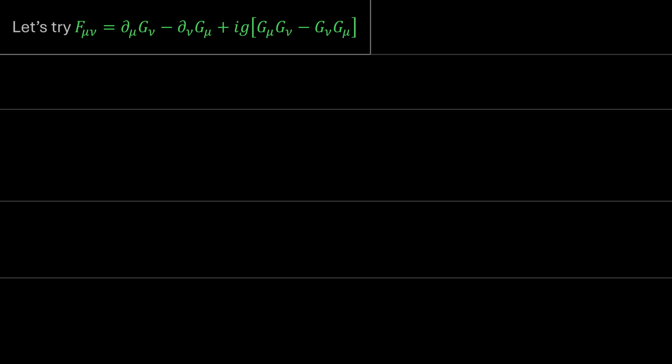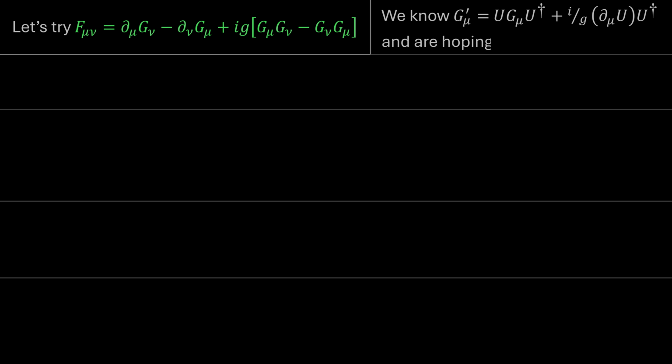And of course, what we have to prove is that given the gauge field's gauge transformation rule, the field strength tensor undergoes an adjoint transformation, but is otherwise completely unaffected by hopping from one gauge to another. Okay, so all we have to do is figure out, given our proposed definition of the field strength tensor, how is that going to transform when we hop from one gauge into another?